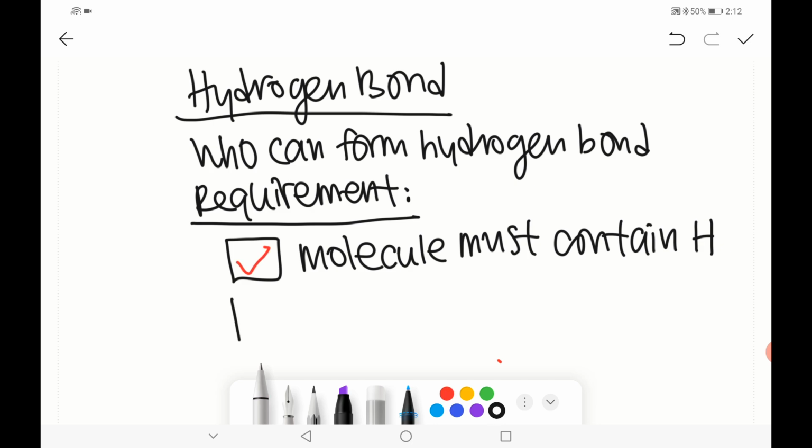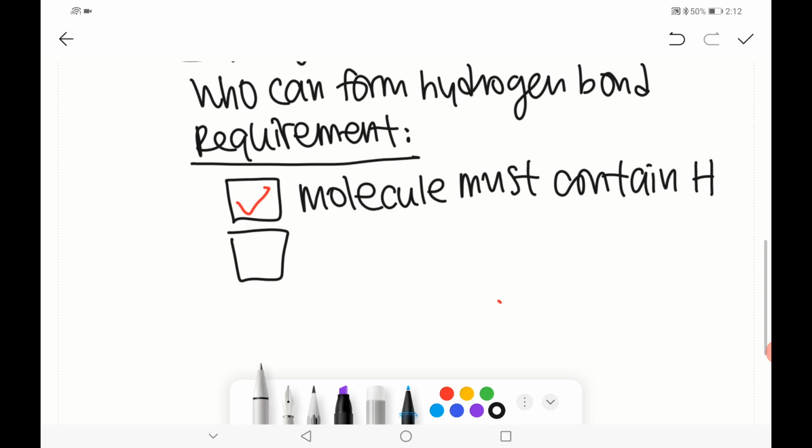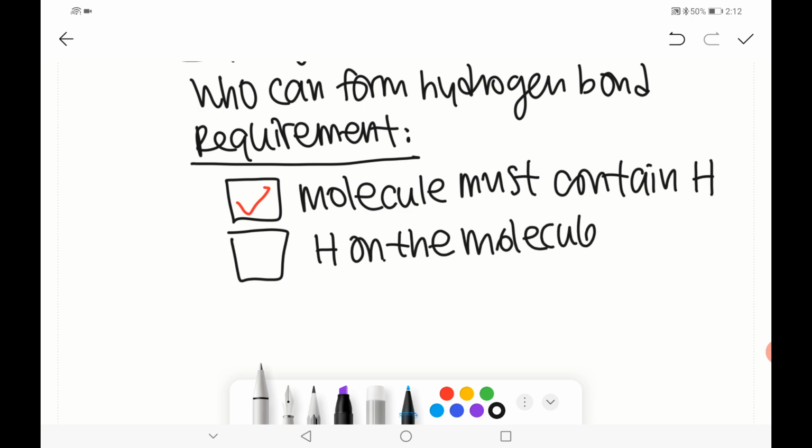The second requirement is that if that molecule has hydrogen, it doesn't guarantee that it can form hydrogen bond. You must make sure that the molecule has hydrogen, and that the hydrogen on the molecule is attached to these 3 elements. The first is F, which is fluorine.